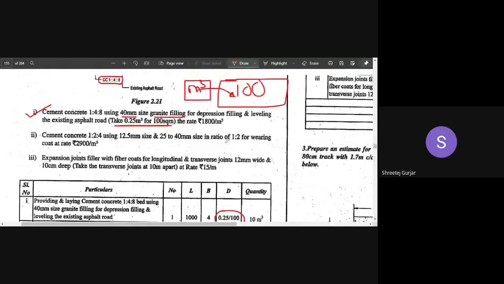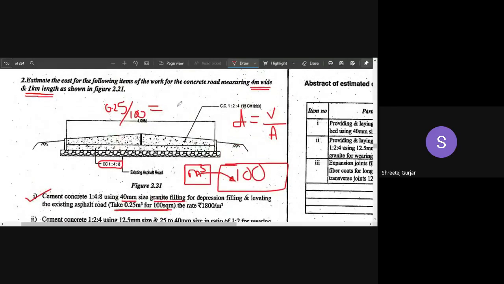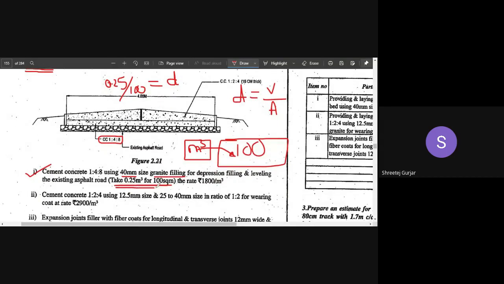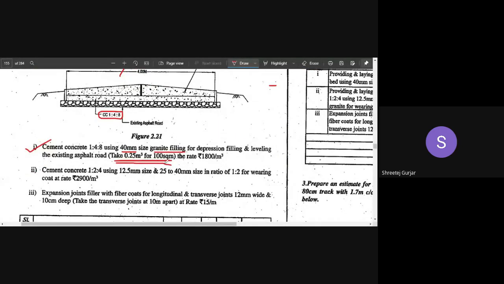Sorry, in meter cube itself. So this is your depth, 0.25 by 100. Because they have not given depth directly over here, they have given some quantity over here. From this, we need to calculate our depth. The remaining things they have given, depth and all of those things are mentioned. Only this thing was a bit tricky.